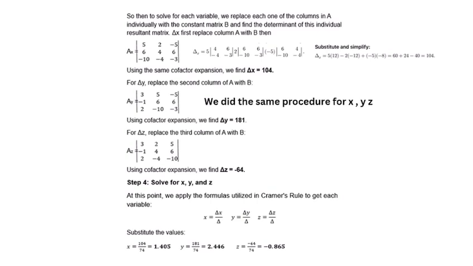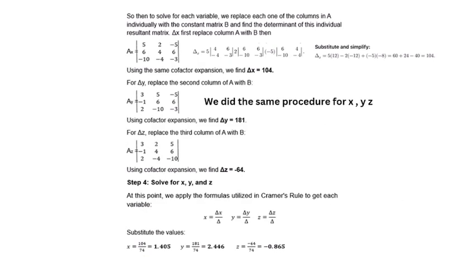The value for delta x in this case is 104, for delta y is 181, and for delta z is minus 64. Then what we need to do is solve for each of the variables x, y, and z using the same formula for each one depending on the variable.